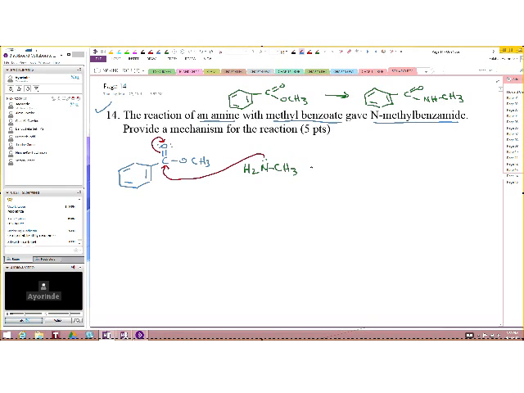So now we form this intermediate. This is a classic example of a nucleophilic acyl substitution reaction, and all of those carboxylic acid derivatives will undergo similar reactions.